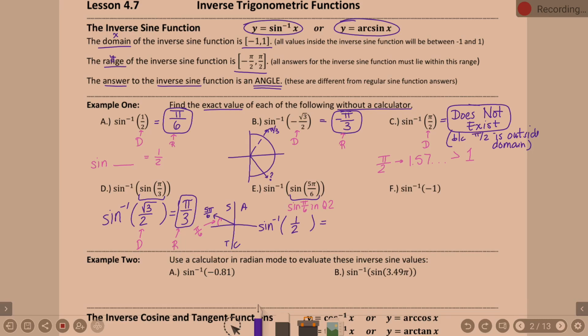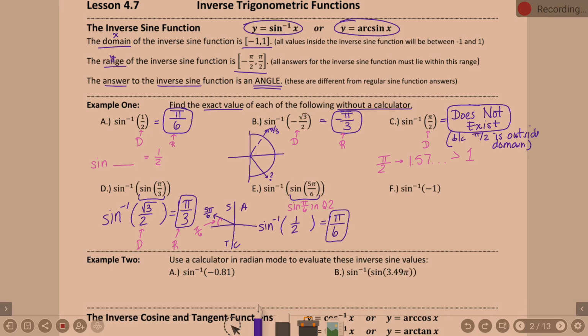So when I say sine inverse of 1/2, at what angle does sine equal 1/2? According to my chart, at pi over 6, sine will equal 1/2, correct? Now, is pi over 6 in the accepted range value?